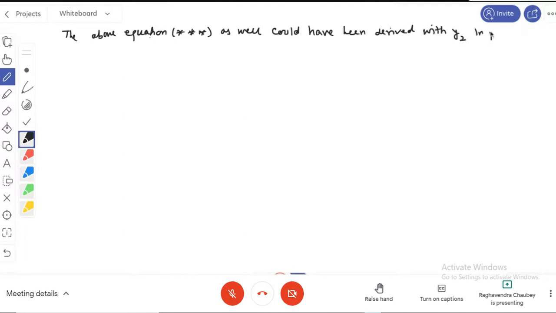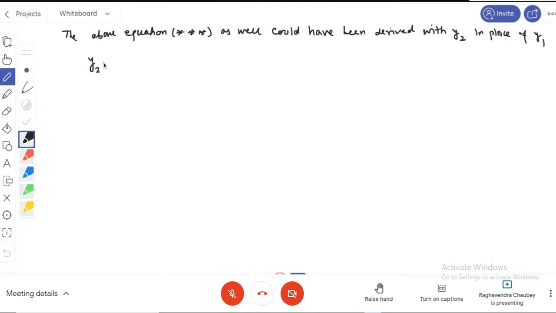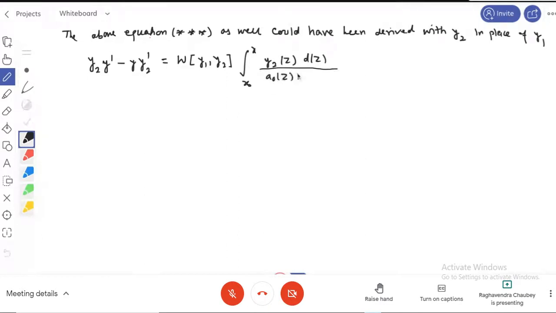So our formula is this: we replace that y1 by y2. So you can solve this, and y2 z dz over this dz.